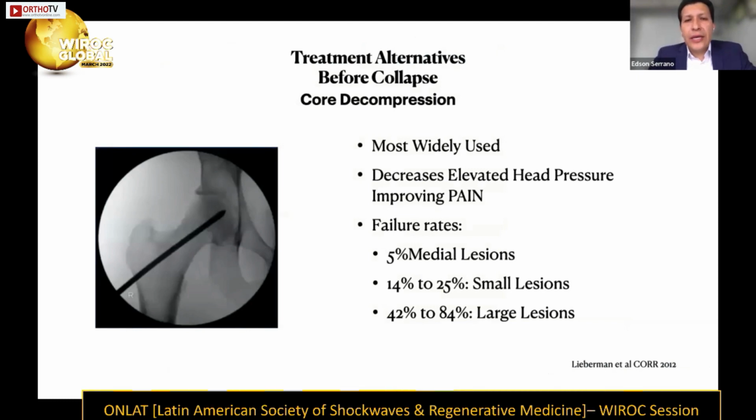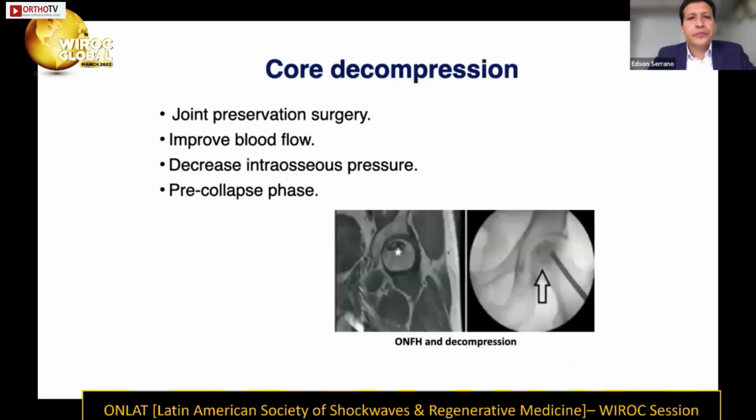Core decompression is the most widely used; it decreases elevated head pressure, improving pain. The failure rate is 5% in medial lesions. The failure rate is higher in large lesions, as you can see in this publication by Leverman. Core decompression is a joint preservation surgery that improves blood flow, decreases intraosseous pressure, and is indicated in the pre-collapse phase.